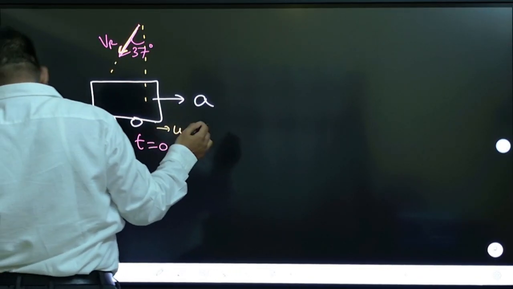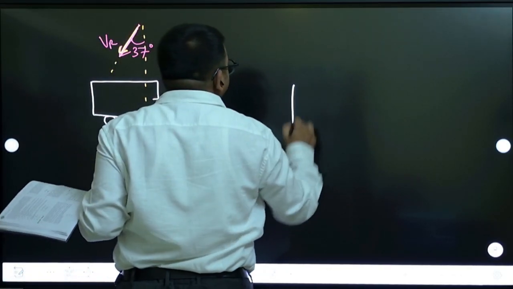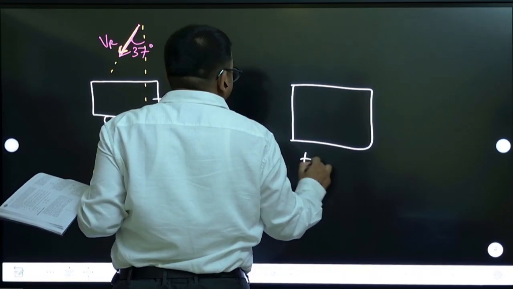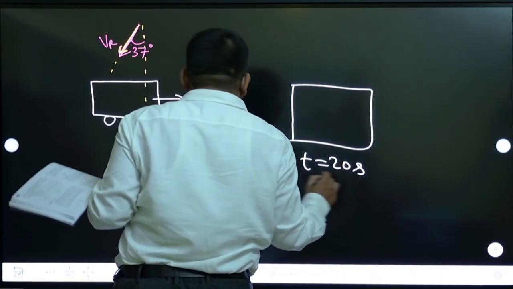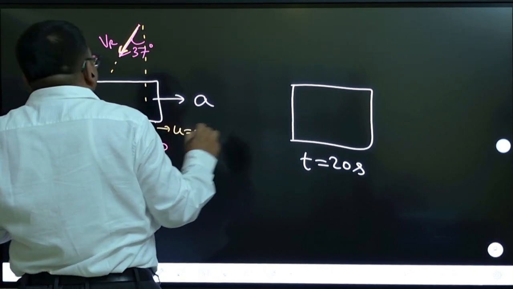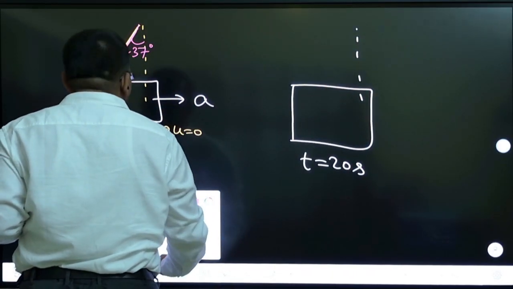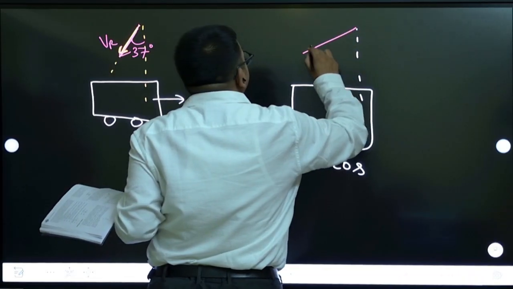Now the driver has started under acceleration. After 20 seconds, at that time raindrops make an angle of 53 degree. Now he is seeing the raindrop coming at an angle of 53 degree, so the angle has increased.